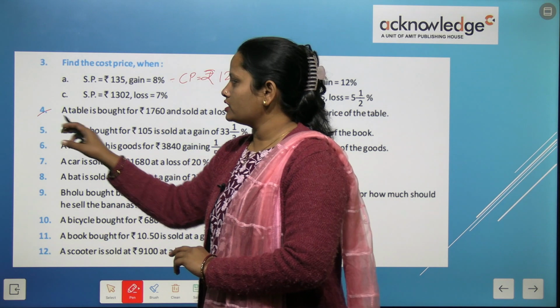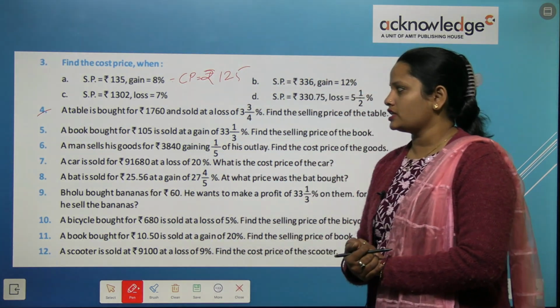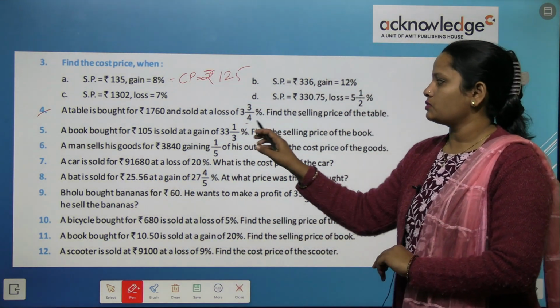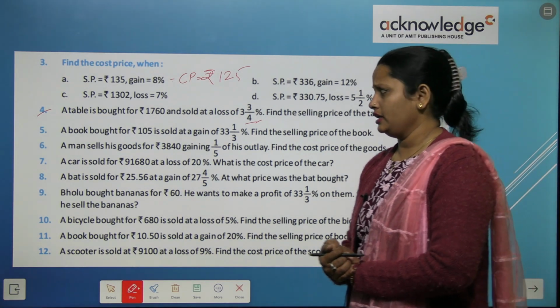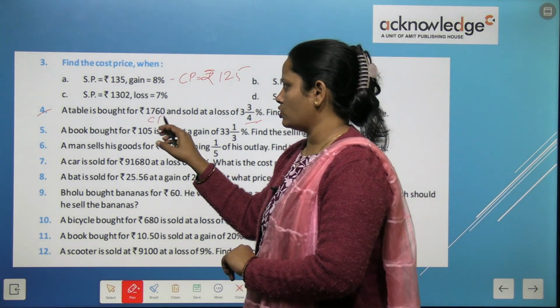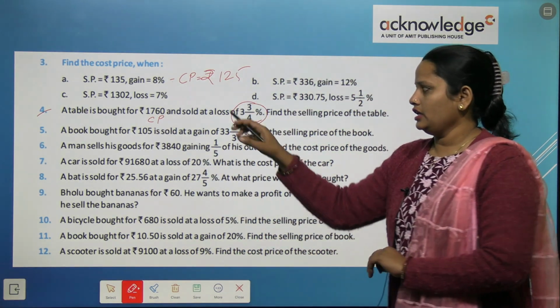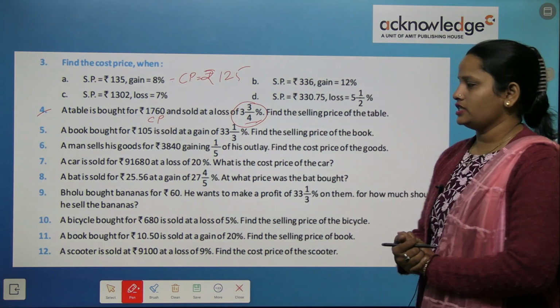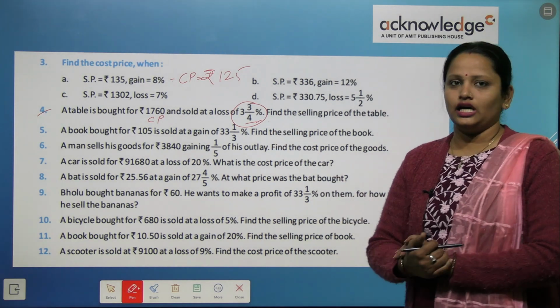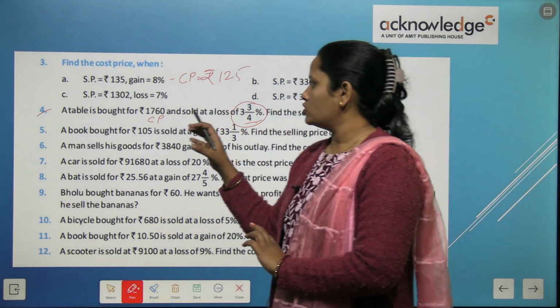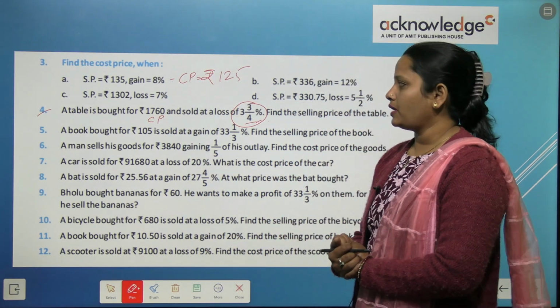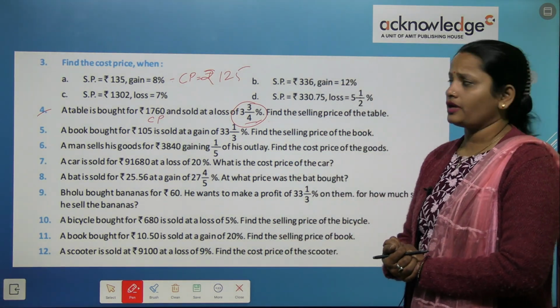Now question number 4: a table is bought for this much rupees and sold at a loss of this much percentage. Find the selling price of the table. एक टेबल है जिसका कॉस्ट प्राइस दिया गया है और इतने लॉस पे से जो है सेल किया गया. तो फर्स्ट वी विल कैलकुलेट द लॉस एंड देन जो लॉस आएगा उसमें से हम क्या करेंगे, सब्ट्रैक्ट कर लेंगे.